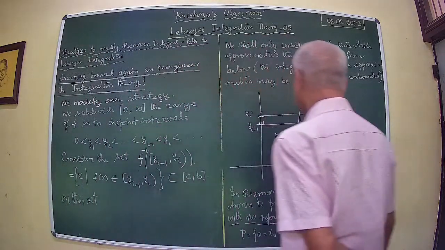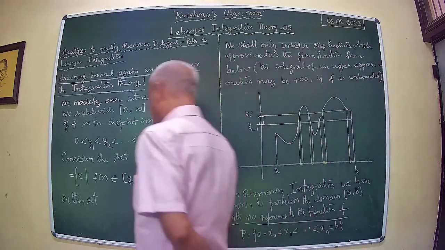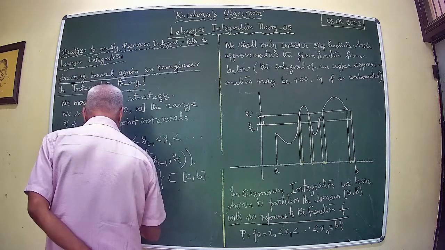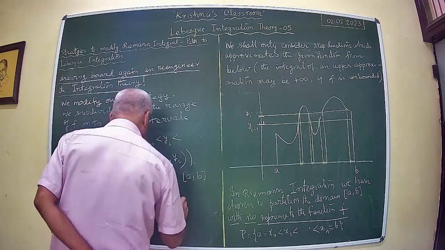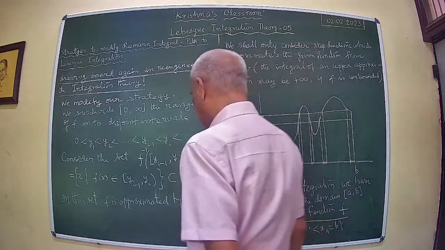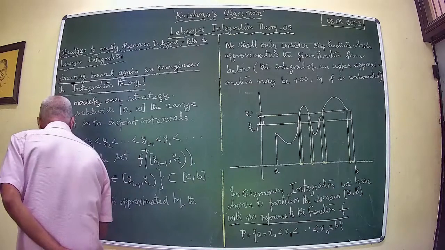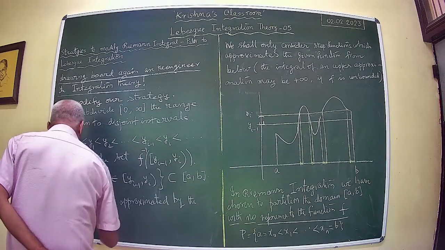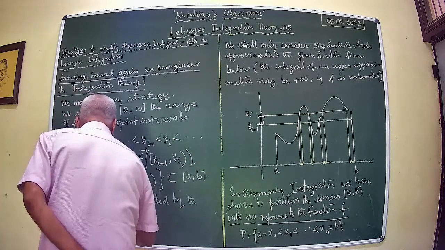On this set, f is approximated by the constant function y_{i-1}.